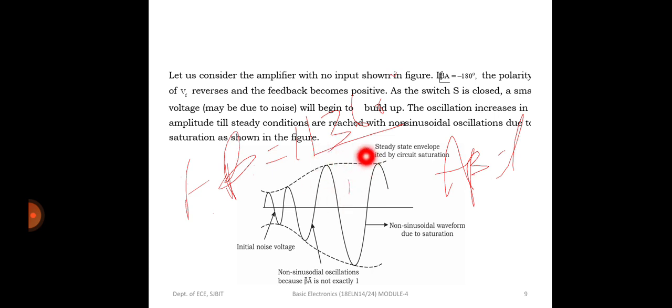Therefore, to start the oscillation, the loop gain A beta must be slightly greater than 1, and to sustain it, the loop gain must be equal to 1.